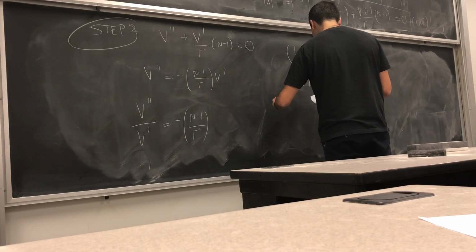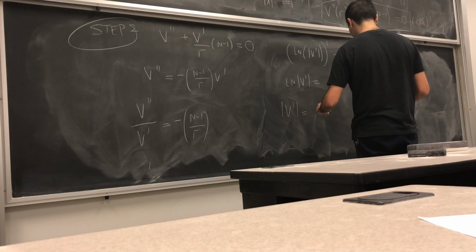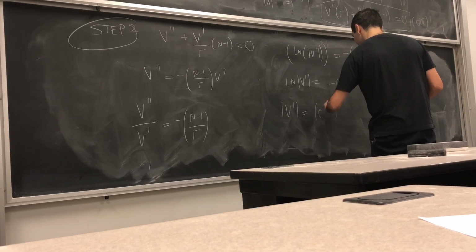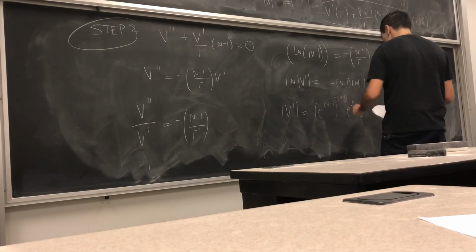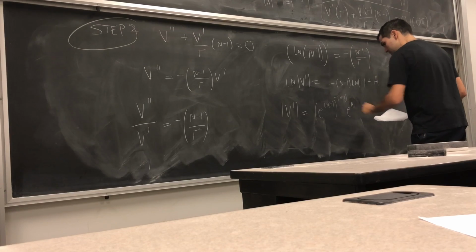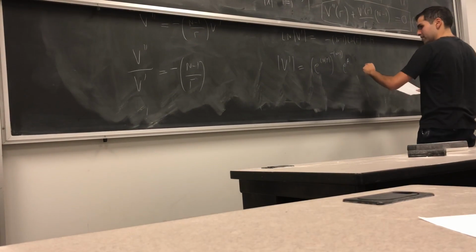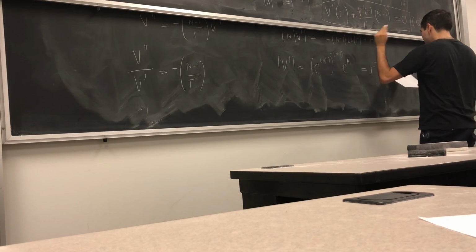Okay, and then exponentiate that. So v prime becomes e to the ln of r to the minus n minus 1, times e to the a, which becomes r to the minus n minus 1 times some constant.